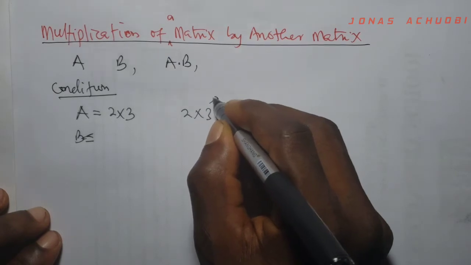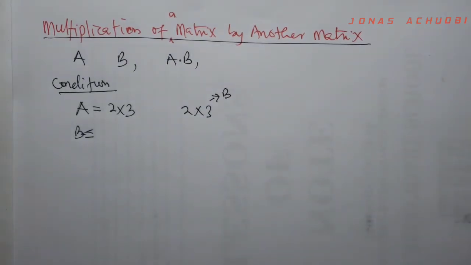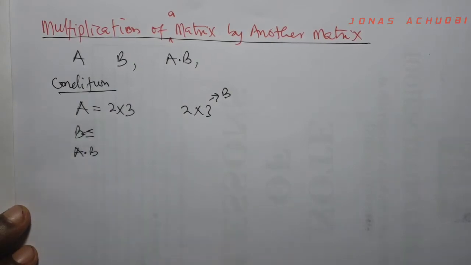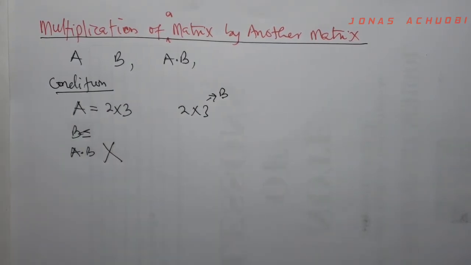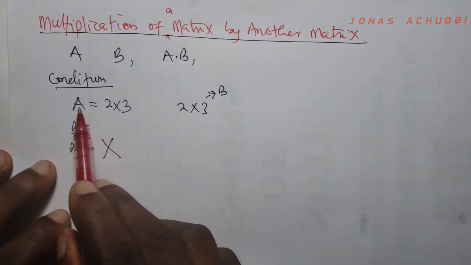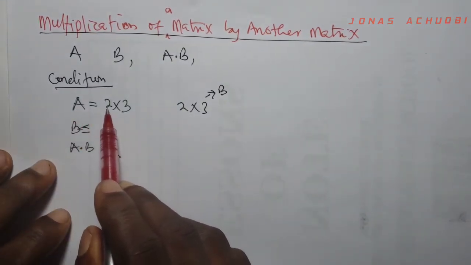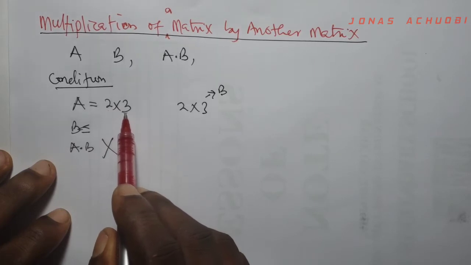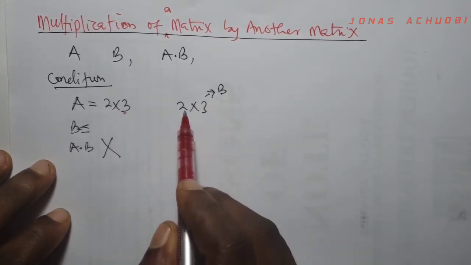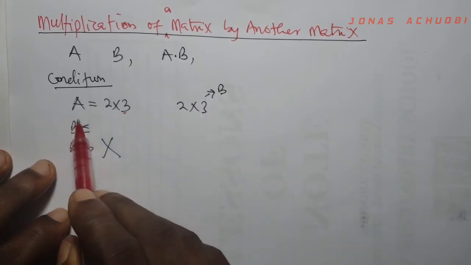This is matrix B, a 2 by 3 matrix. Now matrix A times matrix B is not possible. I'll tell you why. Matrix A has 2 rows and 3 columns, hence 2 by 3, while matrix B has 2 rows and 3 columns, same as matrix A.